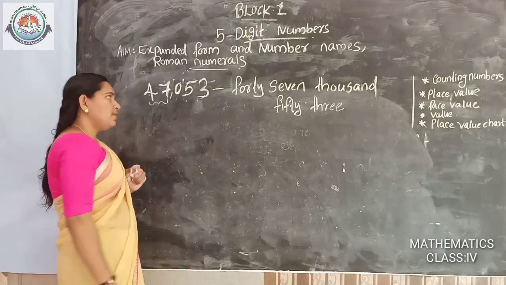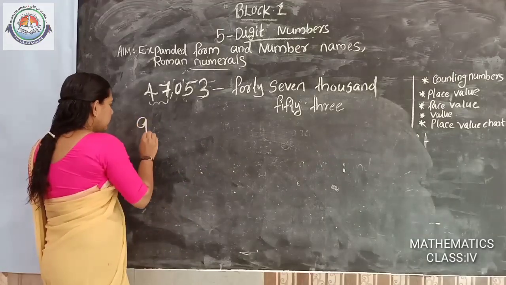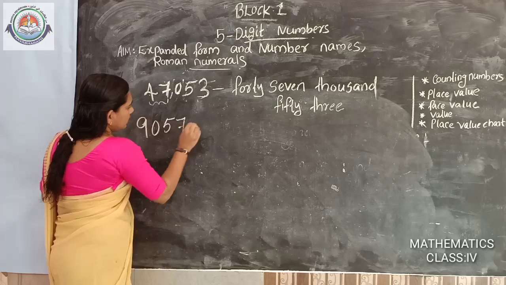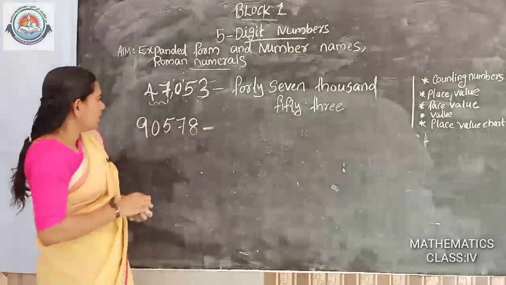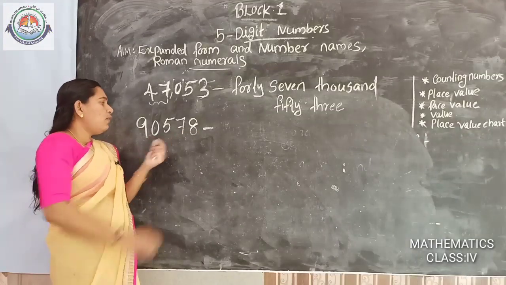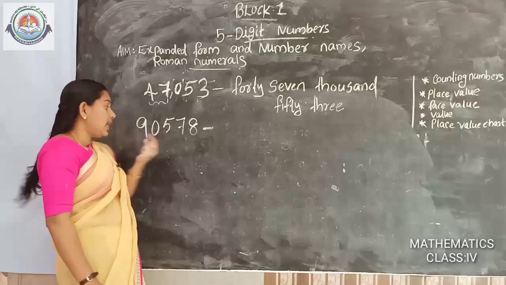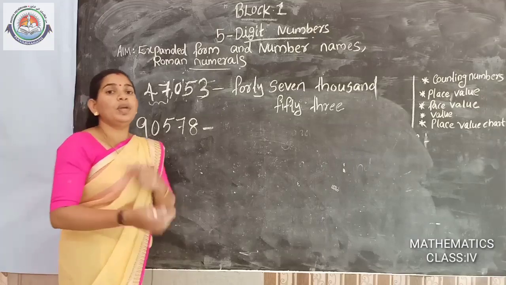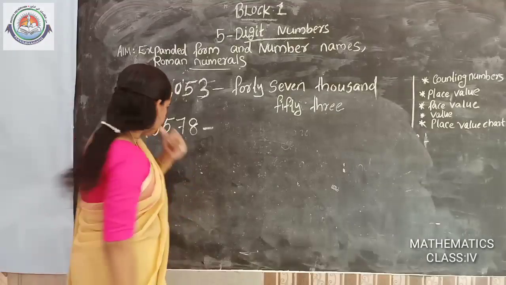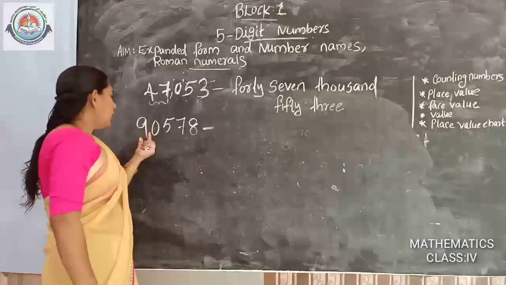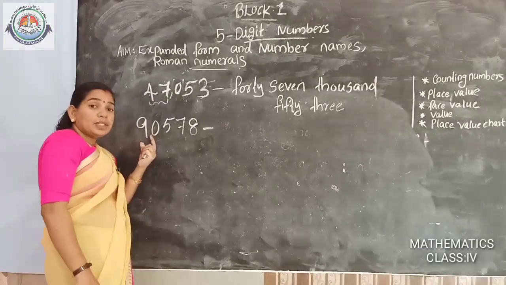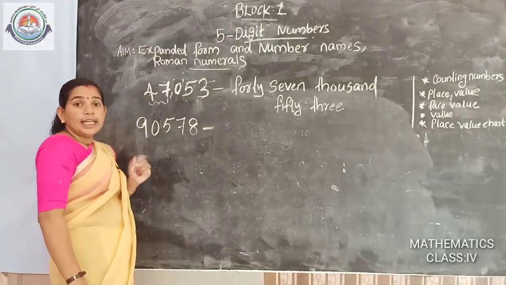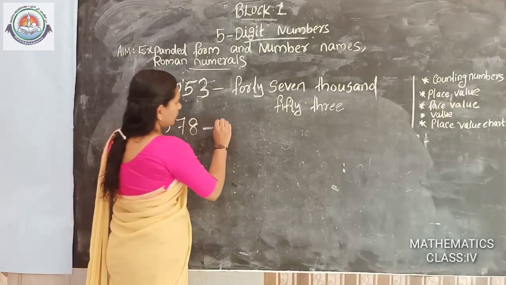Okay, one more example we will do. Nine, zero, five, 7, 8: 90578. Without expanding, how do we give the name? 9 is in the 10,000 place, and in the 1,000 place 0 only.